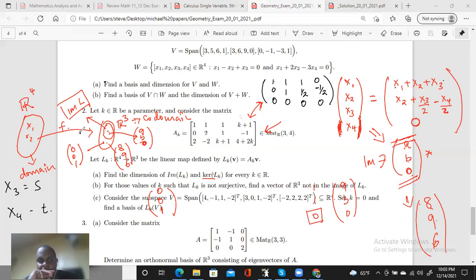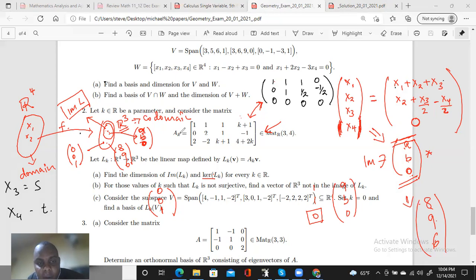The dimension of the image is going to be 2 because you can see we have a number, another number, and then the final number has to be 0. Oh, so the image is 2, but why is the codomain not 2? The codomain is R3. The dimension of the codomain is not 2, it's 3.